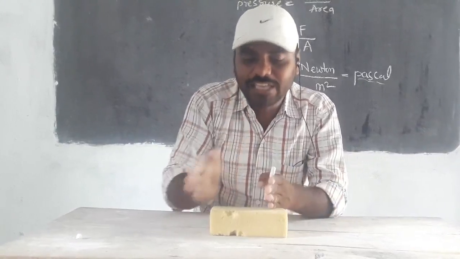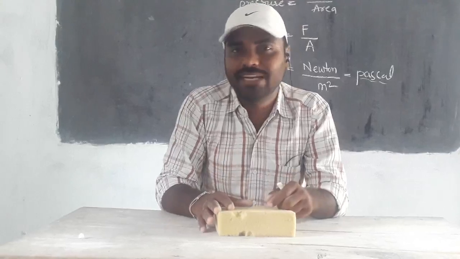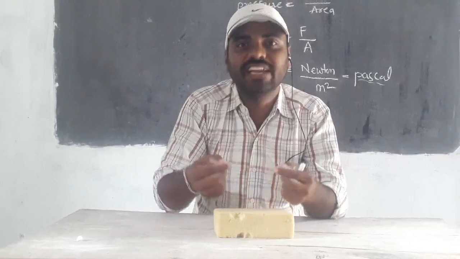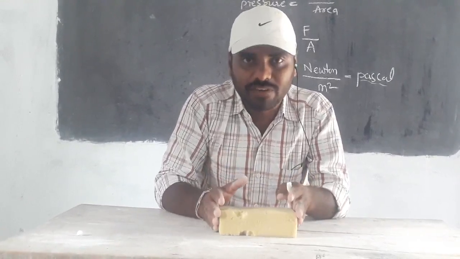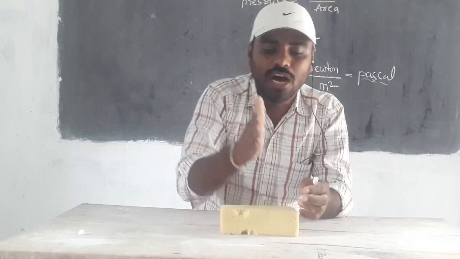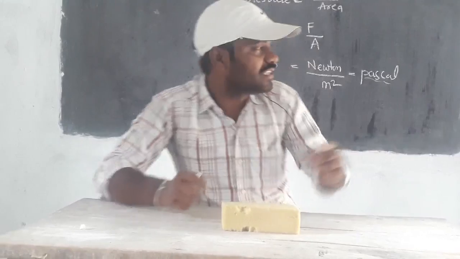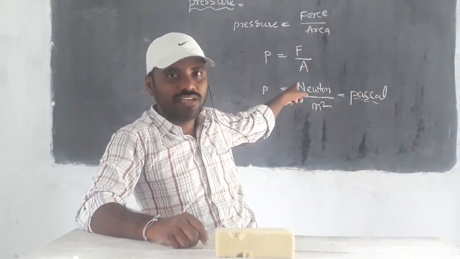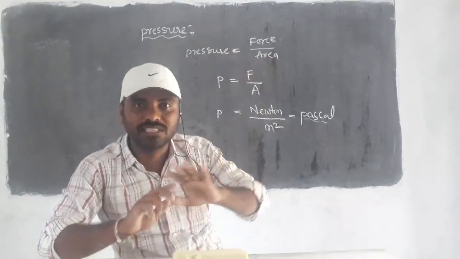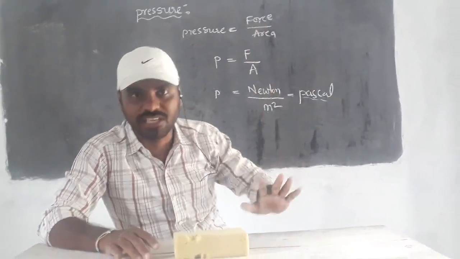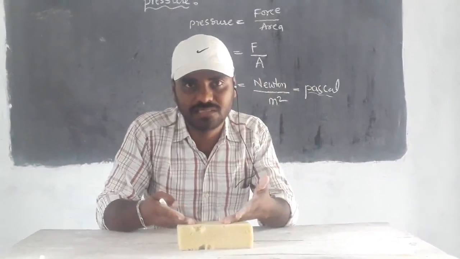Cutting vegetables is a very easy task with the sharp end, but it's not possible with the wide or blunt end. So that is a clear explanation of how pressure changes based on surface area, right? Same thing we discussed here: force by area. Force is the same. If the area changes, ultimately it changes the pressure.